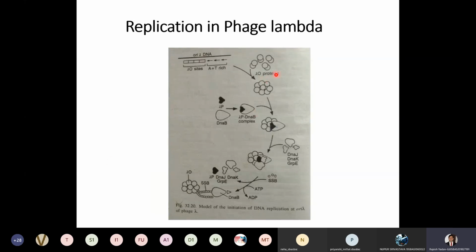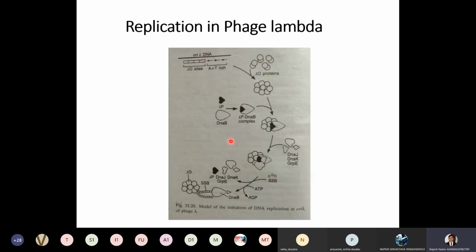Now I can also compare here: in the bacterial replication, which was the first protein that came? In E. coli, in place of lambda O, which protein came first? DNA A protein. DNA A protein came. Very good. So in the phage virus, in place of DNA A protein, lambda O protein will come.